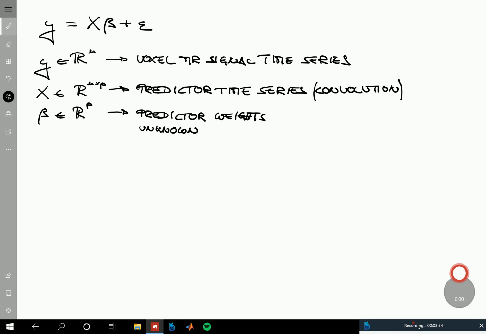The main reason why we want an estimate for them is because they tell us how much each of the predictors, so each of our conditions, contributes to the observed signal. If that's a lot, then our condition modulates the signal quite a lot, and if this is 0, then our predictor has nothing to do with the signal. So that's the intuition from this example that we looked at.